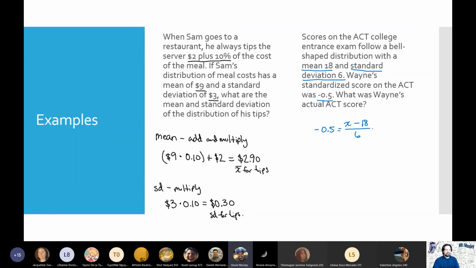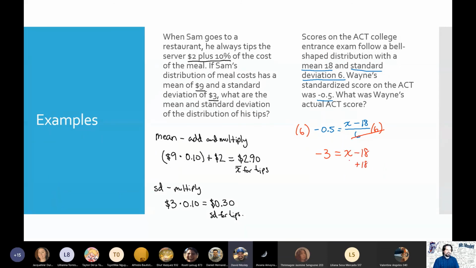Start by multiplying by 6 on both sides. Okay. When we do that, the 6's here cancel. We have 6 times the negative 0.5. That will be a negative 3. And that equals x minus 18.